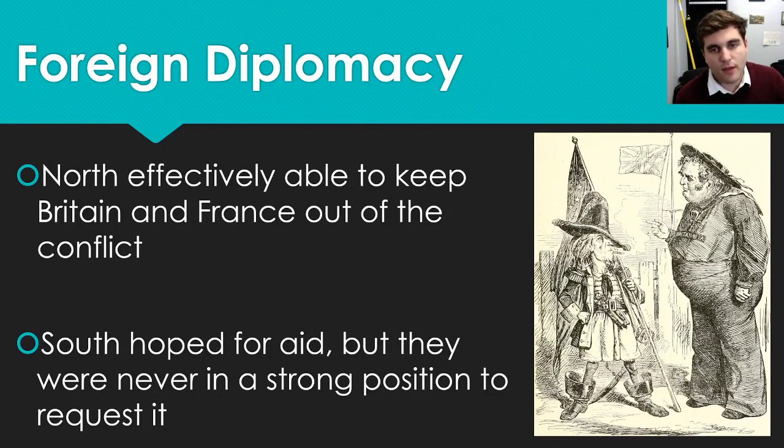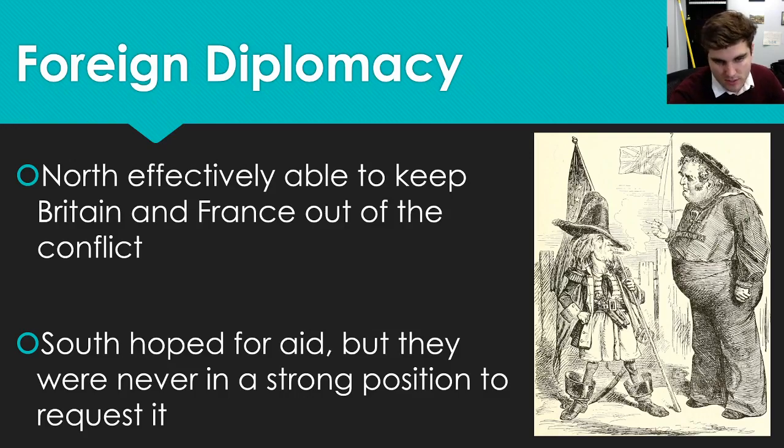Now, the South at the beginning of the Civil War had hoped that their export of cotton would serve them in enlisting the aid of the English. They had hoped that English reliance on cotton would allow them to kind of have support and even military support.